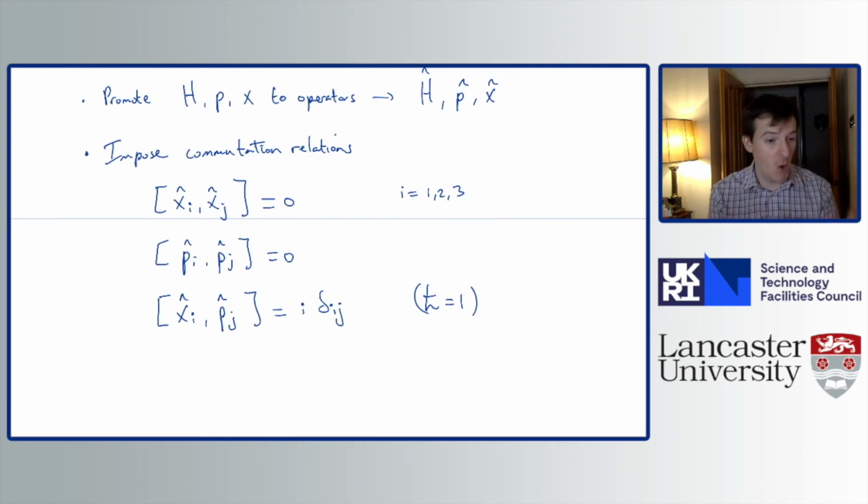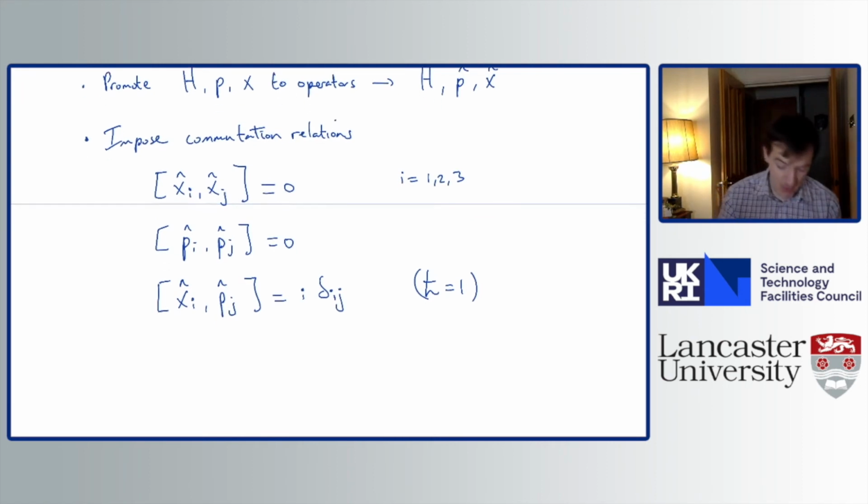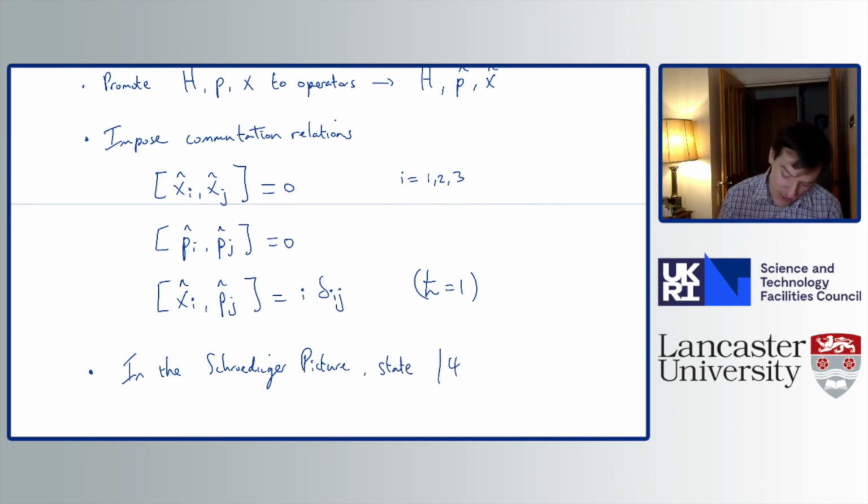Okay, so in canonical quantization, we promote the Hamiltonian, the position, and the momentum up into operators. We impose these commutation relations, and then in the Schrödinger picture, which you are probably most familiar with, these operators act on some states. Let me use bracket notation.